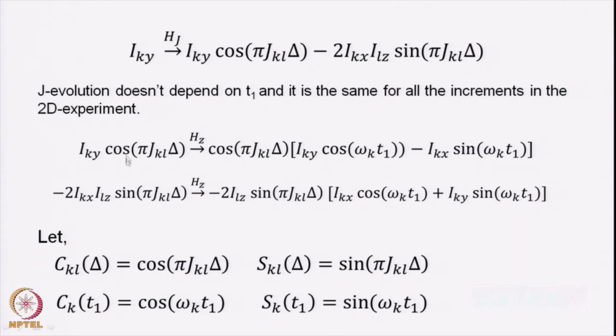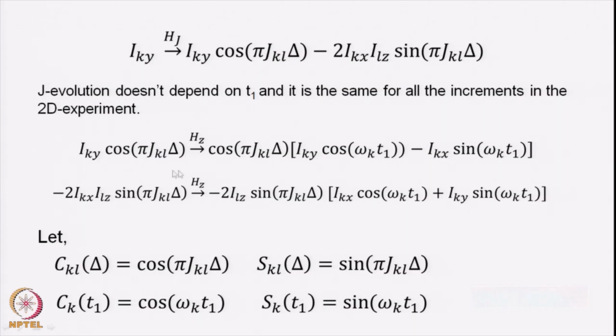Now let us consider the shift evolution of these two terms. The first term, IKY cosine pi jkl delta, evolves under the chemical shift Zeeman Hamiltonian Hz. I keep cosine pi jkl delta out here, and inside the bracket I keep the chemical shift evolution of the K spin. So I get IKY cosine omega k T1 minus IKX sin omega k T1.